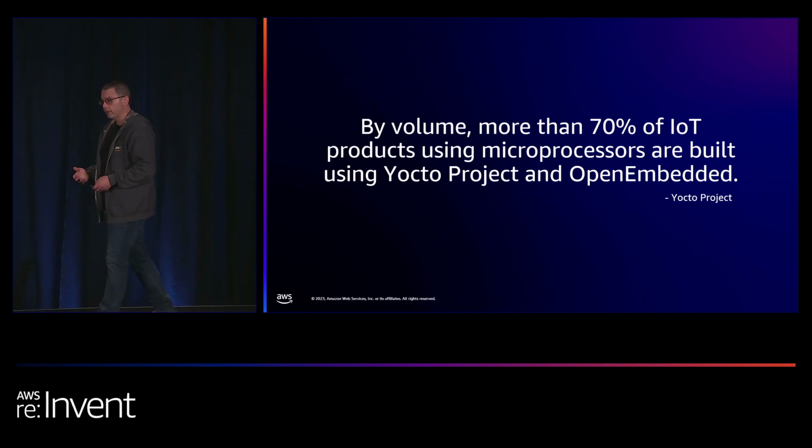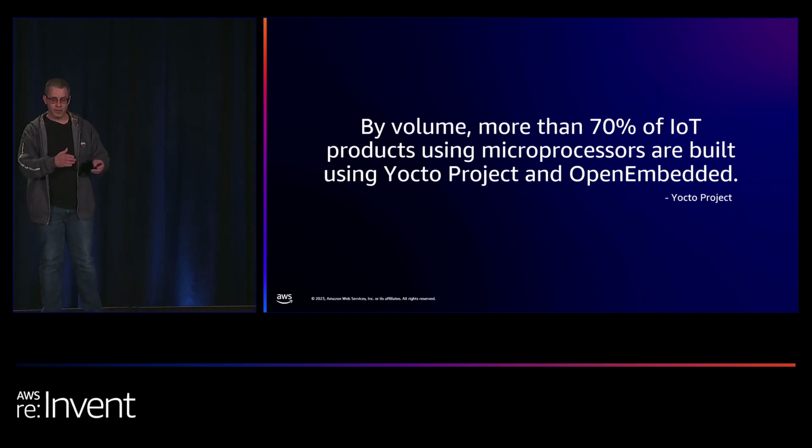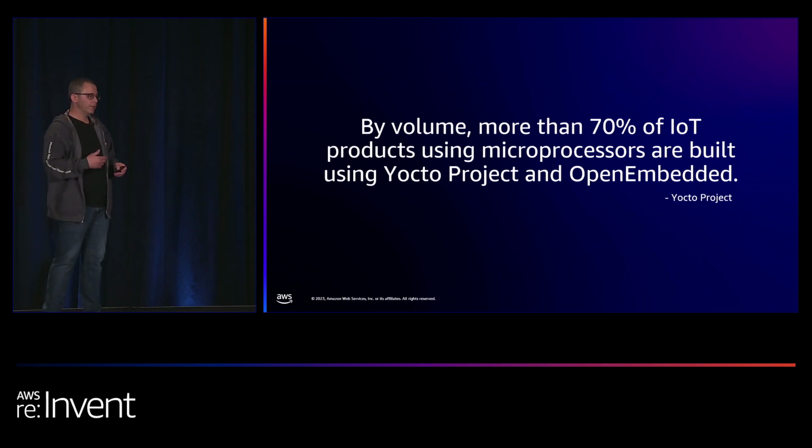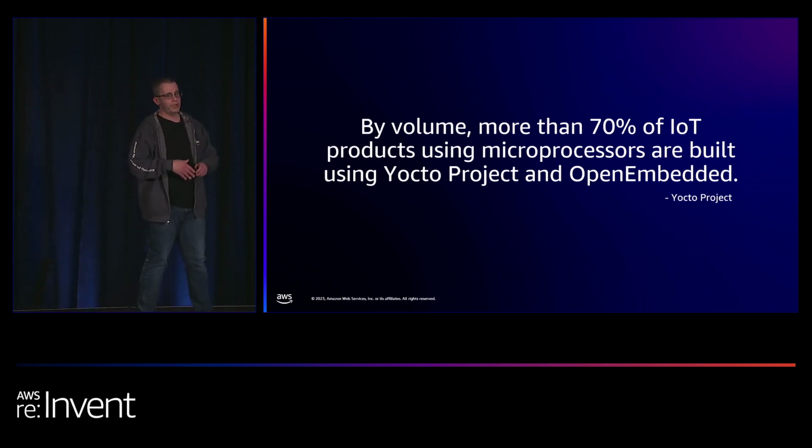So what we found is that more than 70% of the IoT products that are commercially out there are using Yocto project and OpenEmbedded. Because we knew this was going on, because we're speaking to people like ARM and Intel and these sort of people that make processor IP, we know the breadth and extent to which Yocto project is being used.